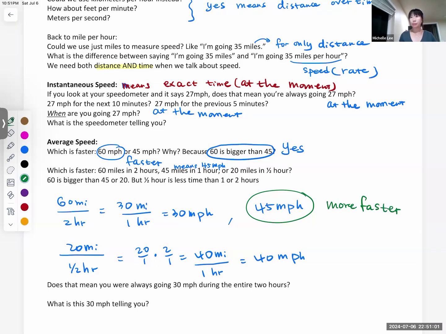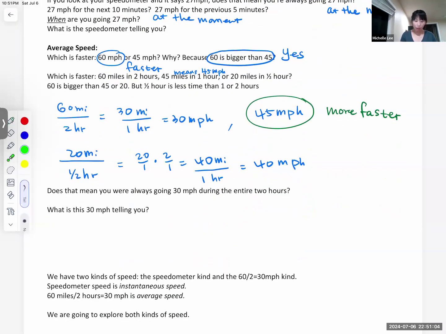Now, does that mean you are always going 30 miles per hour during the entire 2 hours?